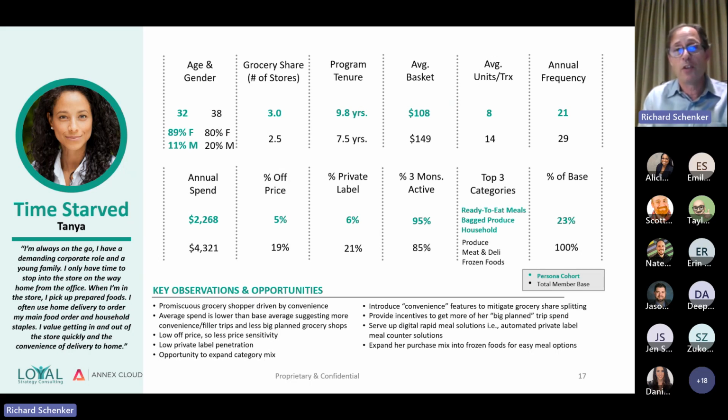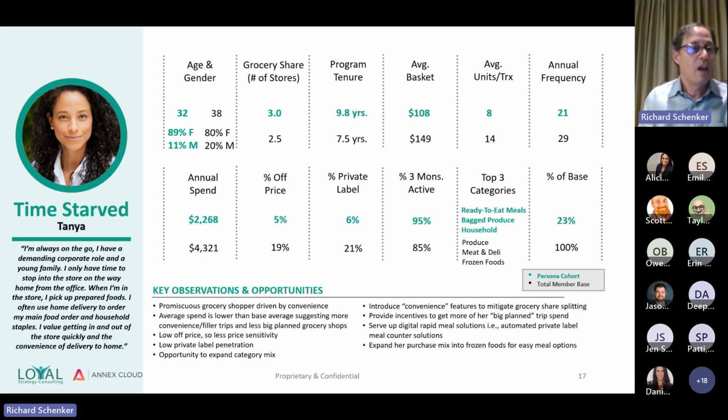It's not perfect because, if you go to Walmart, it's hard to tell what you're buying, but I think it's relatively precise. Program tenure, average basket, average units per transaction, the annual frequency of the customer, the annual spend, the percentage of off-price purchases, the percentage of private labels, in this case the grocery's own brand, the percentage that were 3-month active, the top 3 categories the customer is purchasing in, and what proportion of the base of customers they represent.